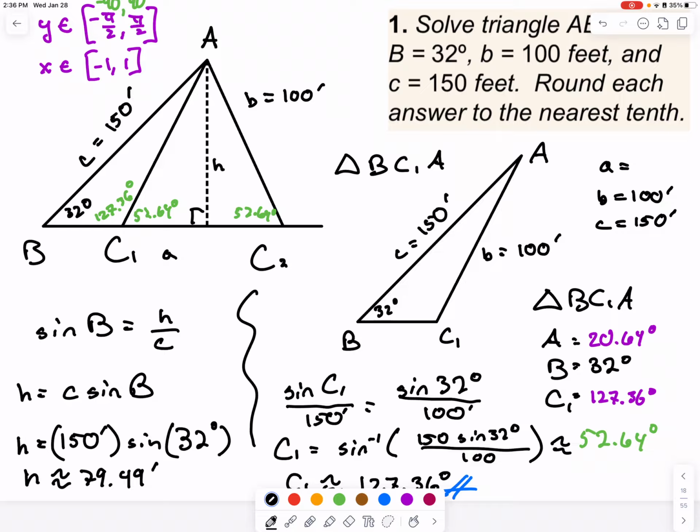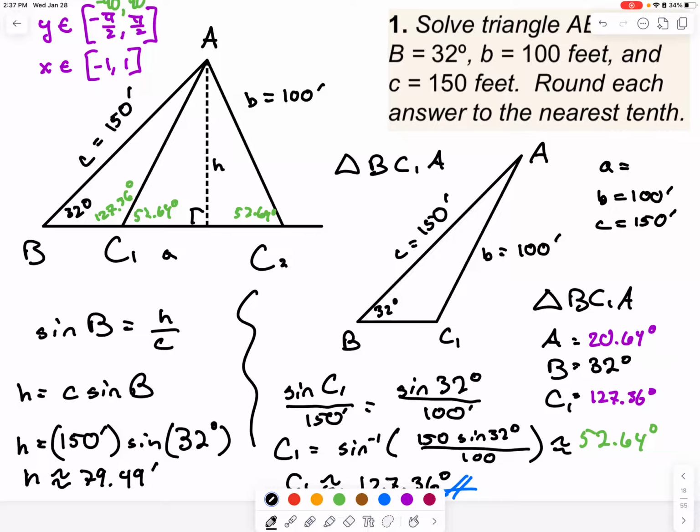All right. So if we need side A, in this context we can use the law of sines. So A over sine of A equals B over the sine of B. So we should be able to do the sine of A times B, which is 100.